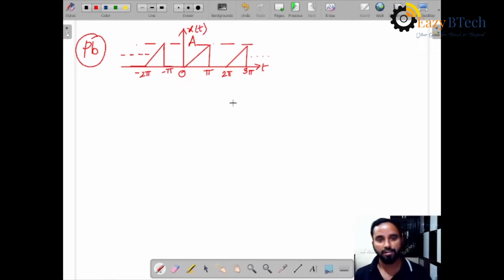So this is the signal. For this signal we have to find the trigonometric Fourier series.